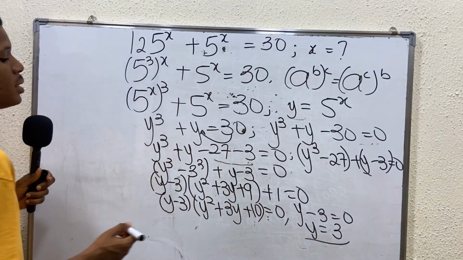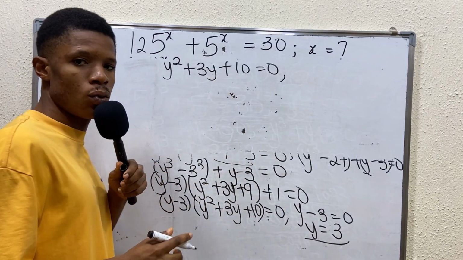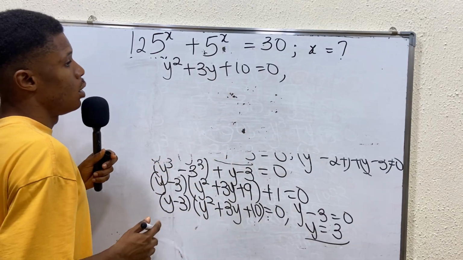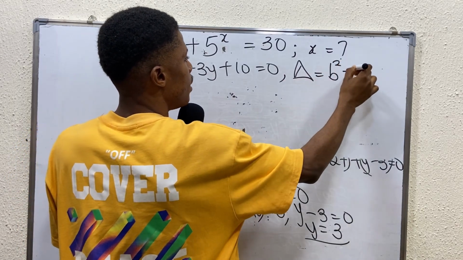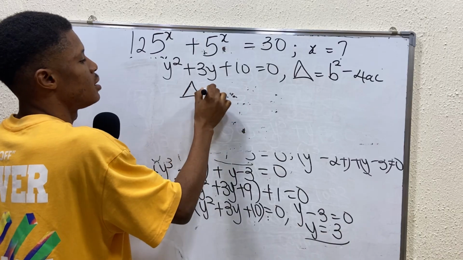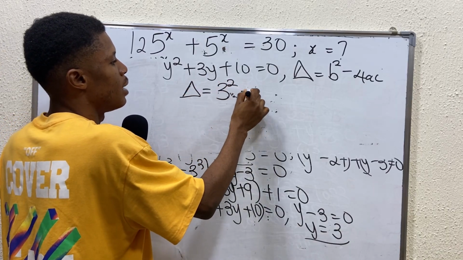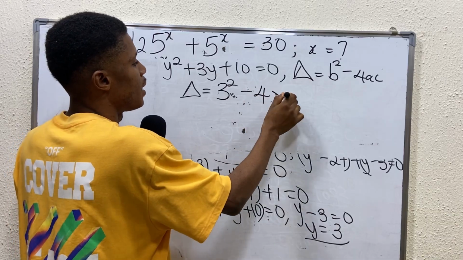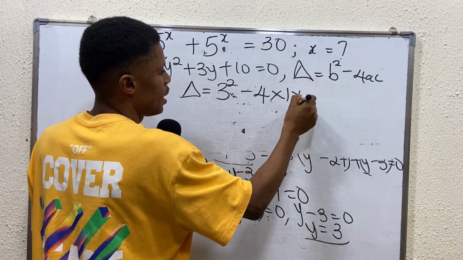Then for the quadratic term, at this point, let's check to know whether this particular quadratic equation has a real solution. For it to have a real solution, we use b squared minus 4ac. Our b is the middle term, which is 3, squared, minus 4 times our a, which is 1, and our c is what? 10.